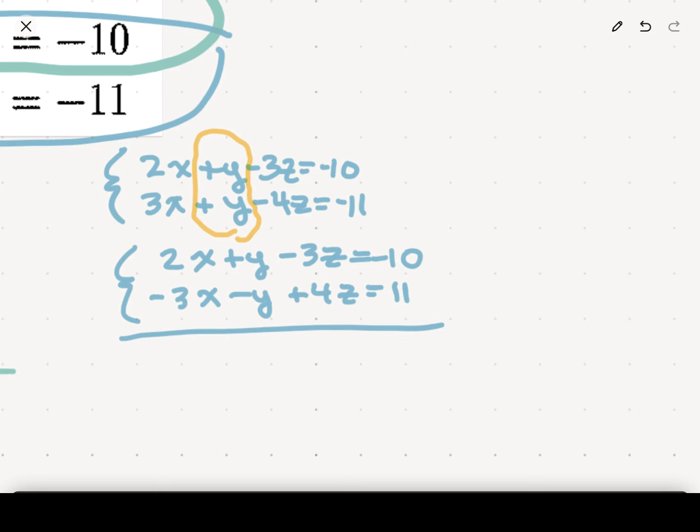Since I have opposite coefficients, it makes sense to add the equations. So I have -x plus 0y, -3 plus 4 is +1, so plus z equals -10 plus 11, which is +1. I'll call this equation 5.